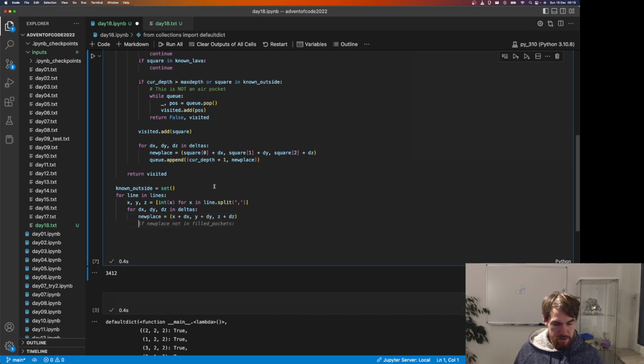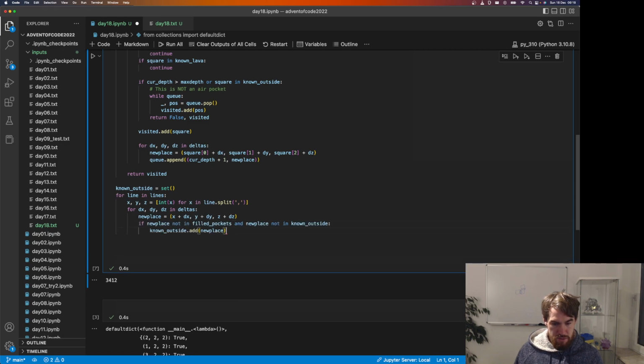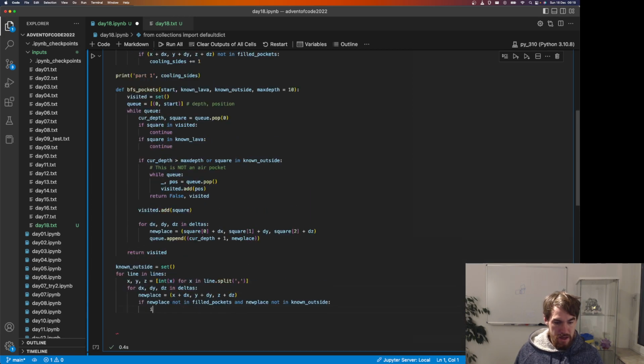If the new place is not in filled pockets and the new place is not in known outside, here we can return true and the places we visited.